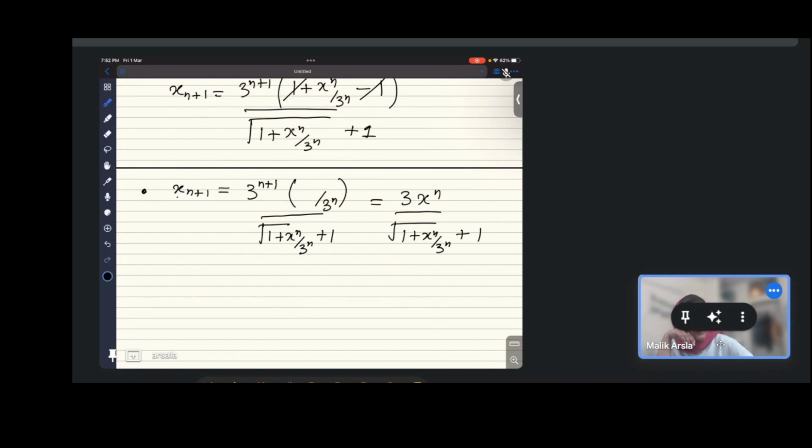Here also, please don't consider it as x to the power n, it's xn divided by 3^n. Again xn divided by 3^n.